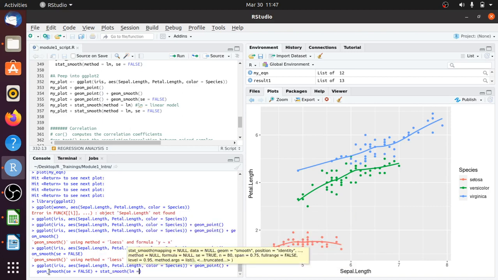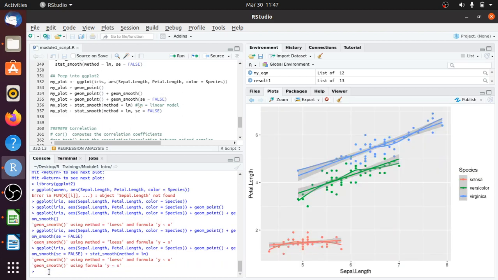The linear model, I want the method is lm as a linear model. You can see it has given me this stuff. Okay, I need to remove the se equals false.